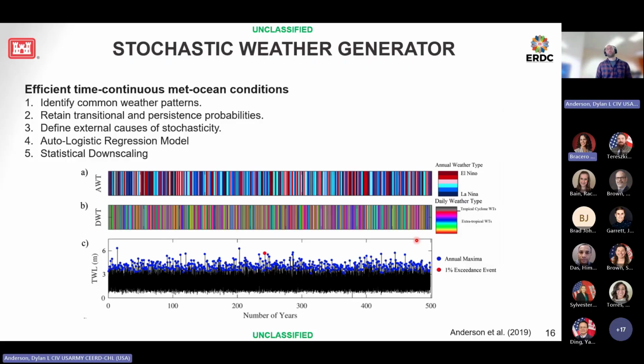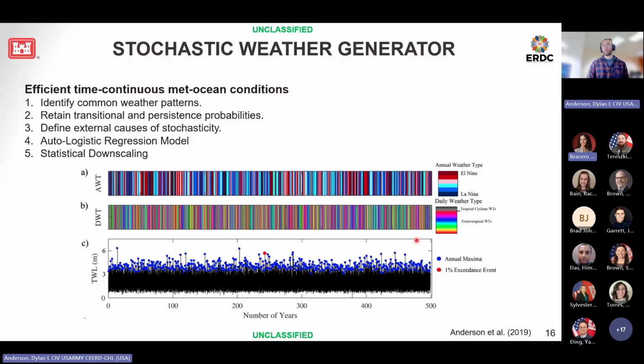So now here's an example. This one's actually from the original work that I did at the end of my PhD, where we have 500 years sampled. And across the top, you're seeing annual weather types. In that case, the red ones are El Niños, the blues are La Niñas. We're just trying to see the full variety of climate forcing, and how that ultimately downscales on the bottom to a total water level.